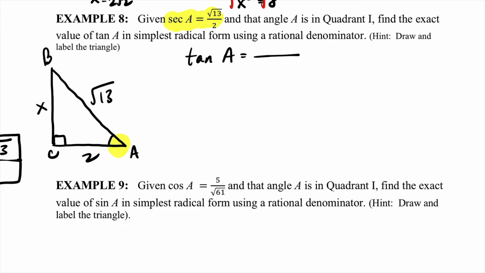Tangent of A. Well, tangent is opposite over adjacent from A. So I will need it. Okay, so I got to do some work to figure out what x is. So leg squared plus leg squared equals hypotenuse squared.